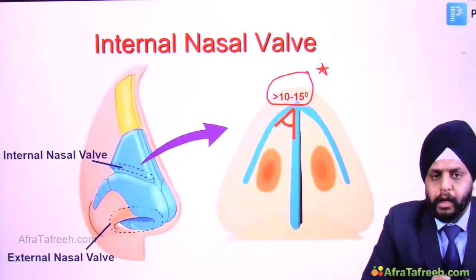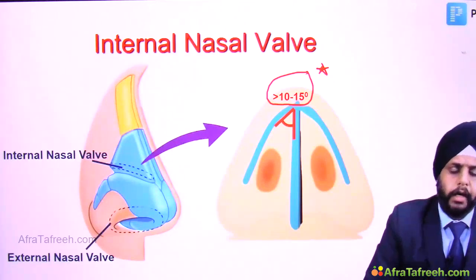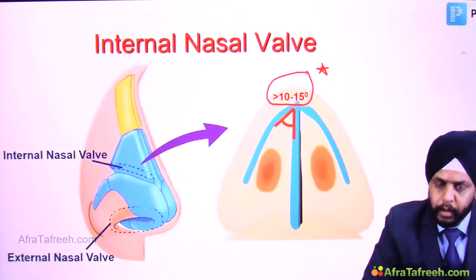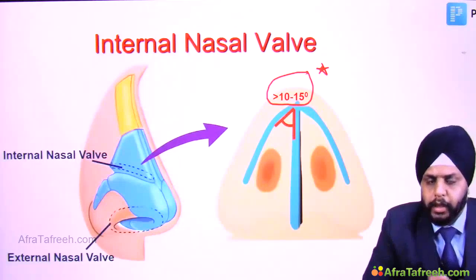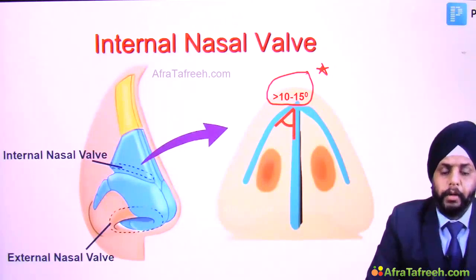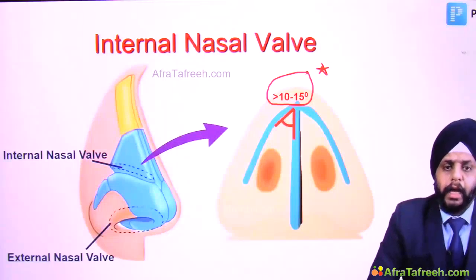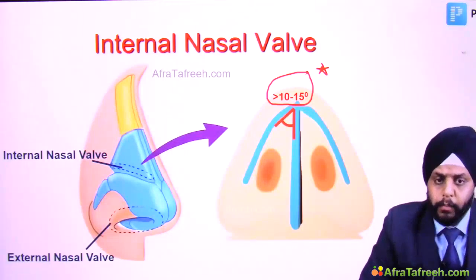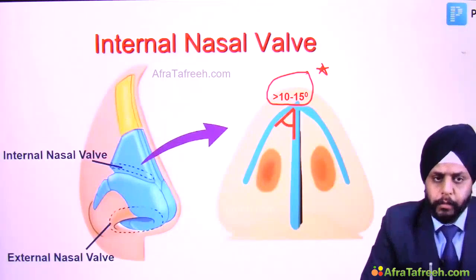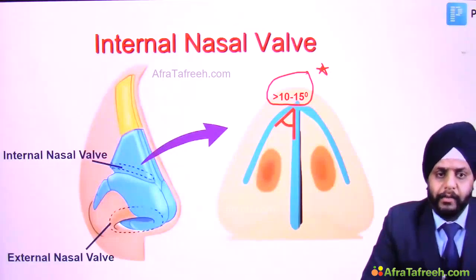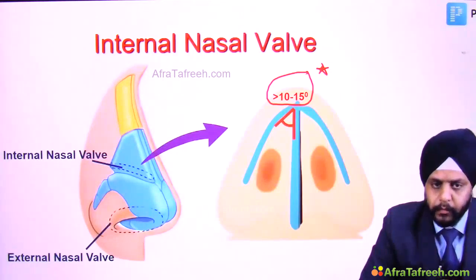Right? So this angle has to be more than 10 to 15 degrees. Some undergraduate books have mentioned this value to be a little higher. What I am talking about is the minimum value as per what is given in the Scott Brown textbook. Okay, so this is the minimum angle that should be there to prevent nasal obstruction.